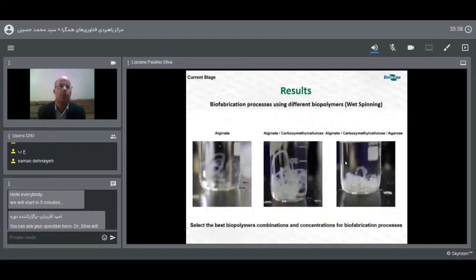We have also biofabricated structures using a wet spinning approach, applying different biopolymers, including alginate, carboxymethylcellulose, and agarose, to select the best biopolymer combinations and concentrations that could be useful in biofabrication processes.